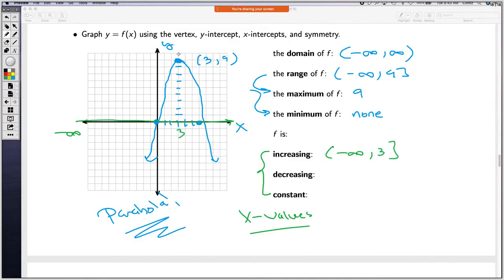Once we get to x equals 3, then things start to head downhill: 3 to infinity. Any constant? Any places where it's a plateau? No, none. So there it is. Any questions on graphing the parabola? And once you get the graph, listing the analysis.